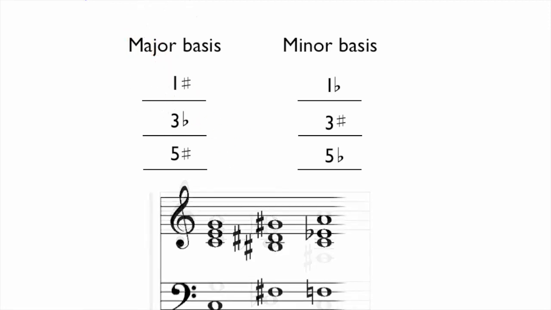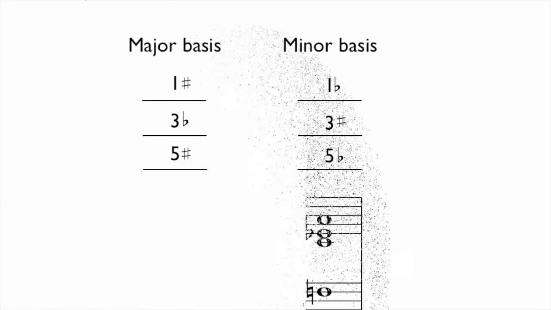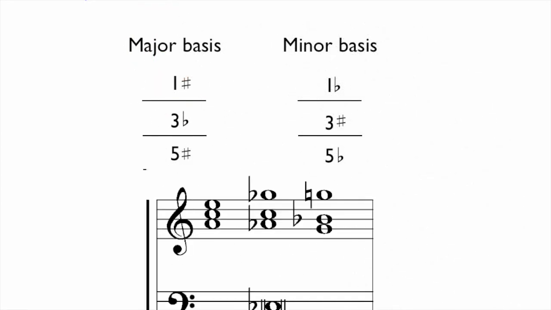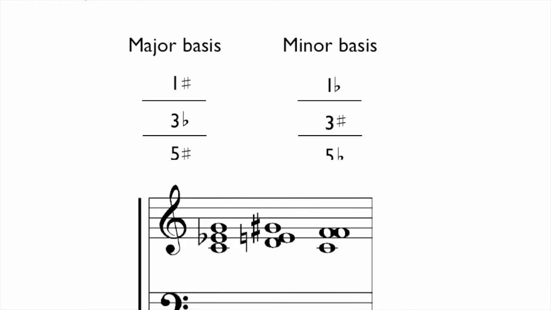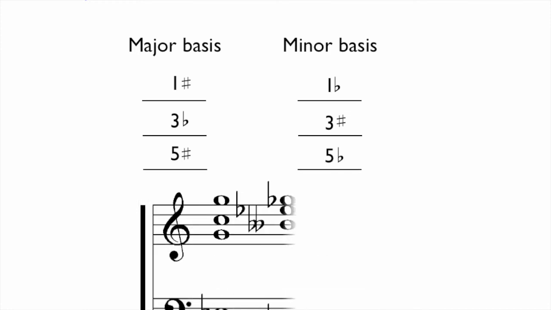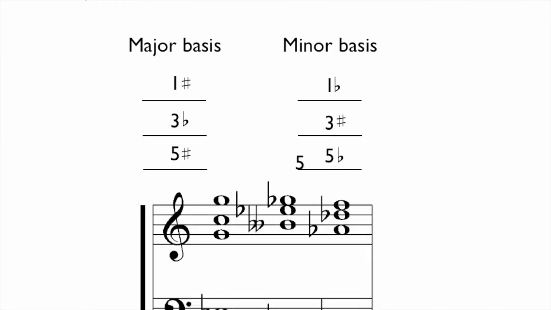And if the first note of an ascending chromatic group is the fifth, then the chord must be major. Or to put it another way, the chord must be minor if the root is to descend, or minor if the third is to ascend, or minor if the fifth is to descend.